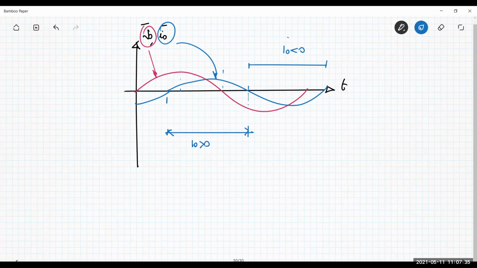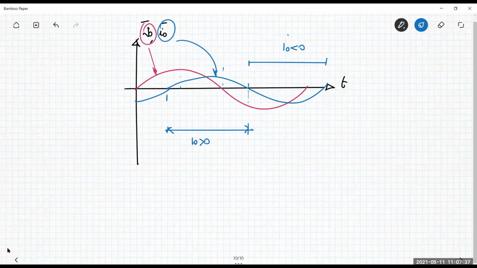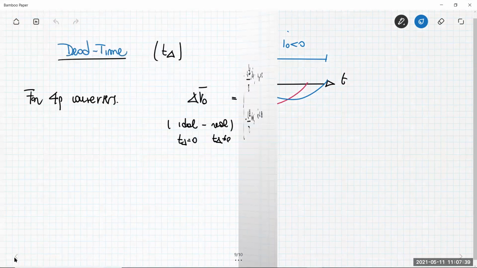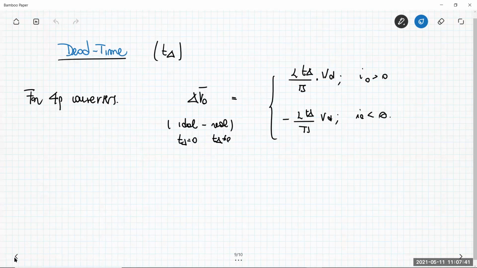This is the output voltage, but the output voltage depends, in case of insertion of the dead time, on the direction of the current. For example, when the current is positive, so you have this case here, the difference between the ideal and the real is a positive quantity.